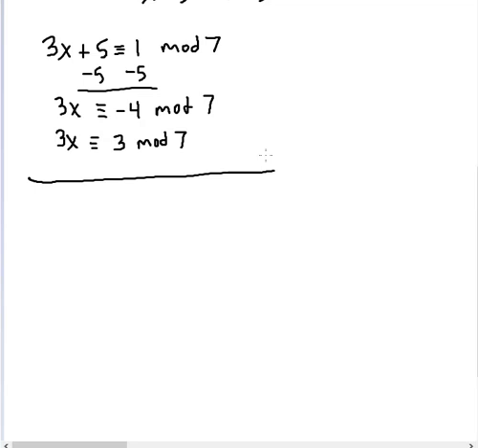Well, last time, before the pandemic, we learned about the Euclidean algorithm. So let's apply the Euclidean algorithm, or EA as the cool kids call it, like EA Sports, that's what it actually stands for.